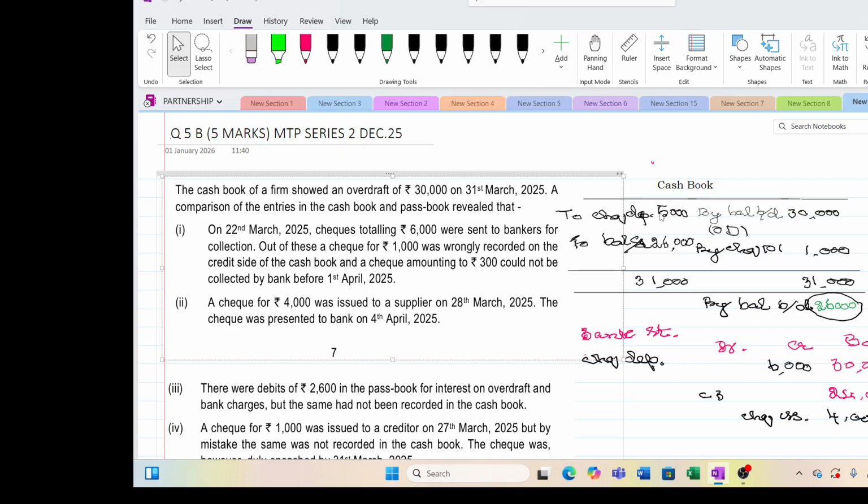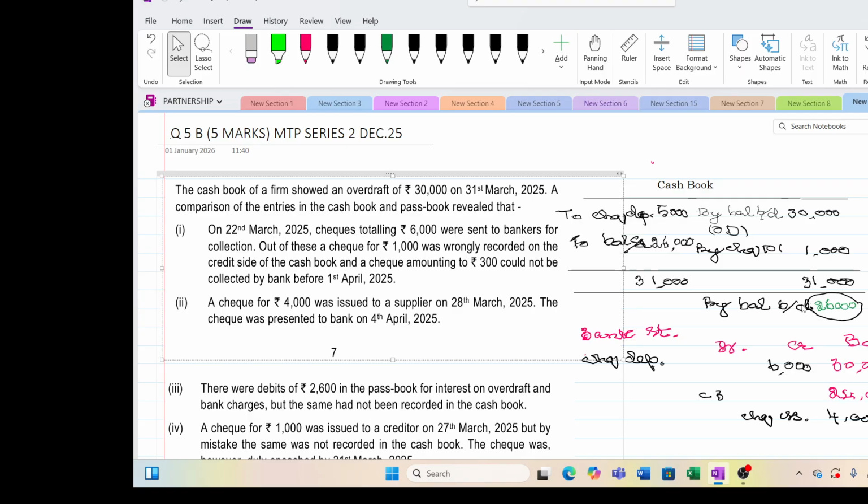But what they did, they wrote only 5,000 on the debit side, and 1,000 they have written on the credit side. So what happened? The total comes to 31,000 and the balance as per their books, as per the cash book, is 26,000 overdraft because balance brought down is on the credit side as per cash book.